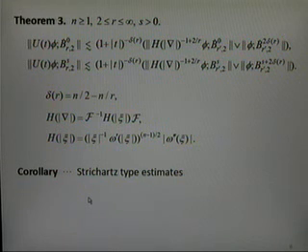If we describe R by the Besov space or homogeneous Besov space, the dispersive estimate is described as follows. Okay, the corollary is a Strichartz type estimate. This is automatic.